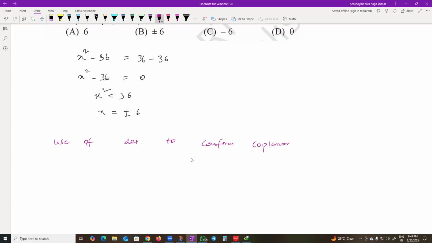If det is 0, then we can confirm it is coplanar. If det is not 0, then there exists area. If it is 2-dimensional, there exists area. If it is 3-dimensional, it exists volume.